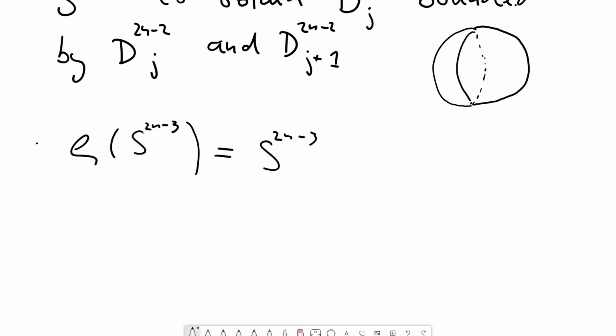Also, for an element in the circle, we have the following formula. rho of z is equal to e^(2πi l_n/m) times z, for z in the circle. I think I have a mistake in my notes, because this should be an n here, right? It's the last coordinate.